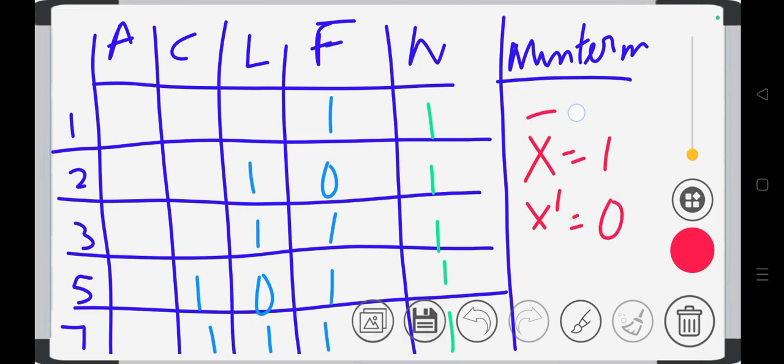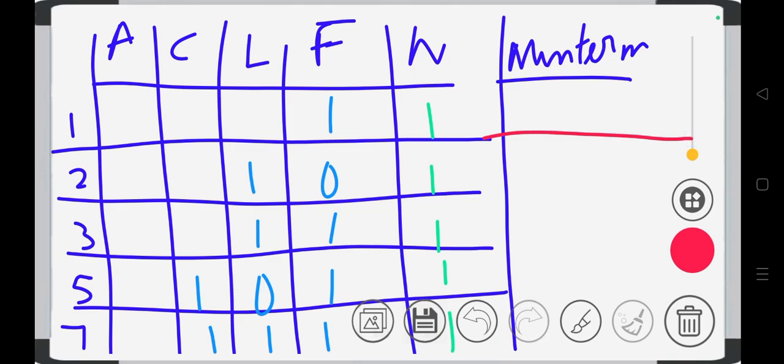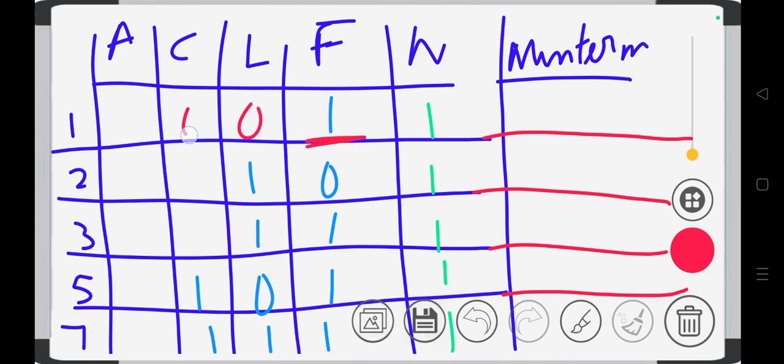This is the default value for minterms, the default setting. Please note it very carefully. So for this one, guys, see, only f is equal to 1 and the rest are all 0.